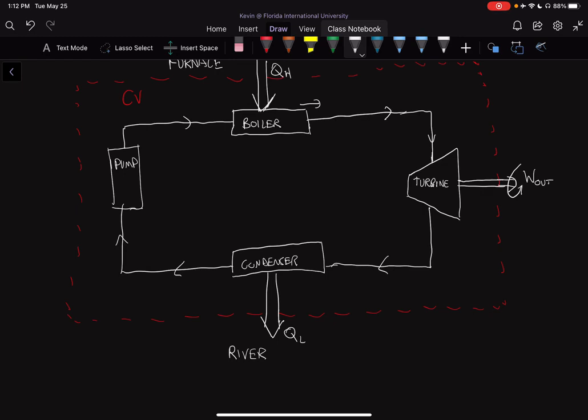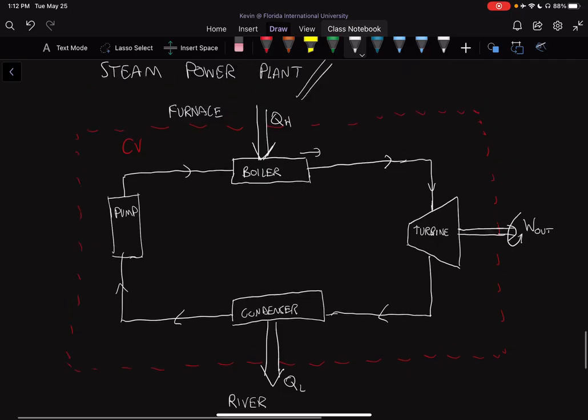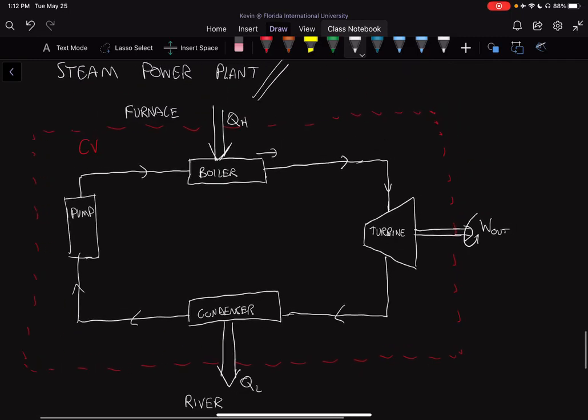Now, one thing to note is that the work out at the turbine, so the work out that you see at the turbine, is equal to work net. And this work net is work delivered by the turbine minus the work at the pump.